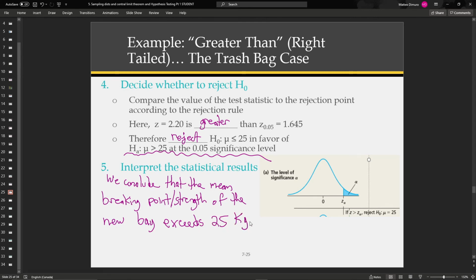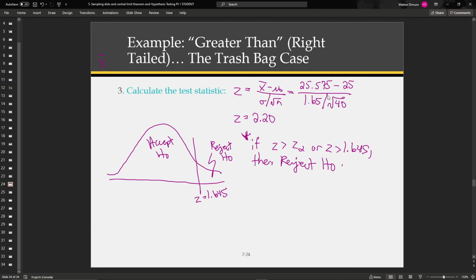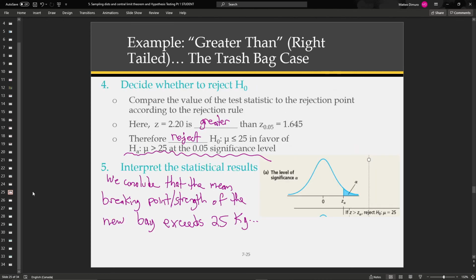Here's the interesting thing about hypothesis testing that's a big misconception in general. We can't actually say that we need a lot more data to say that the breaking point is 25.575. All we can conclude is that it exceeds 25 kilograms.